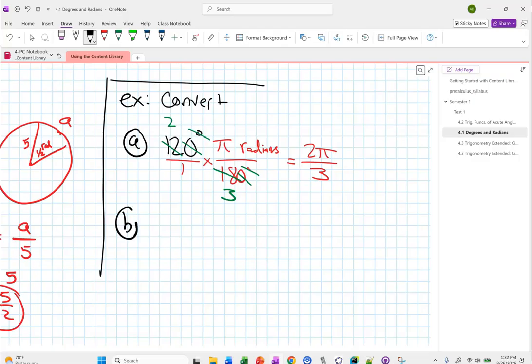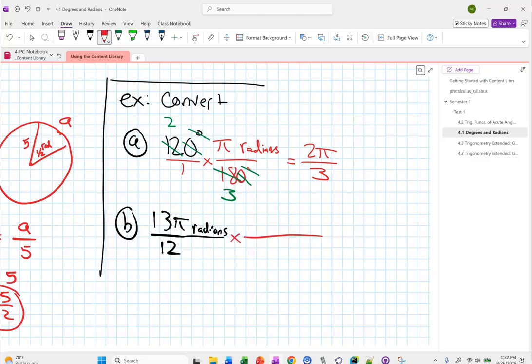What if we want to go the opposite direction? So maybe we have 13 pi over 12 radians. And again, we can think about that radians unit on the top.